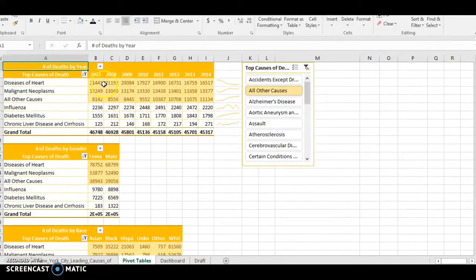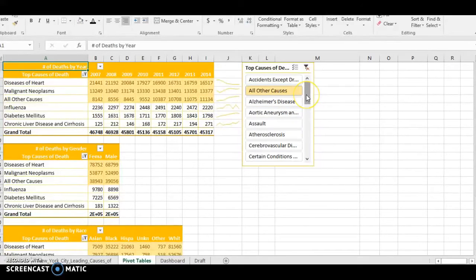Then I also used conditional formatting to format the top three causes of death in color. Now notice that this portion, all other causes, should not be counted as a cause because it adds up the other causes that cannot be categorized more specifically.